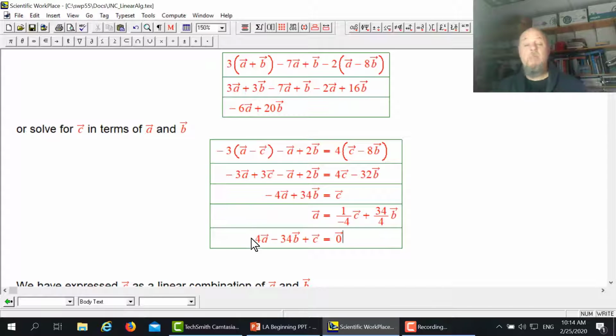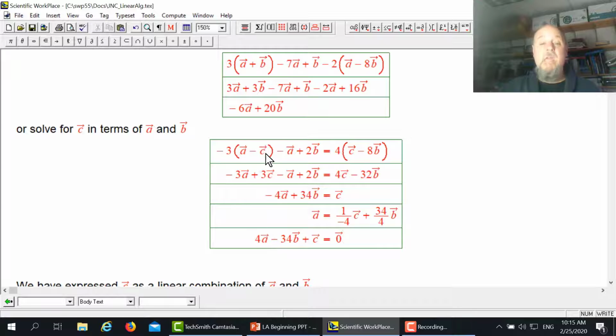Now it's good. So we've had 3 vectors, and we knew we could express one as a linear combination of the other. And as soon as I could do that, I could express A as a linear combination of B and C, B as a linear combination of A and C, and C as a linear combination of A and B. But that means that I can write a constant times A plus a constant times B plus a constant times C equals the 0 vector.